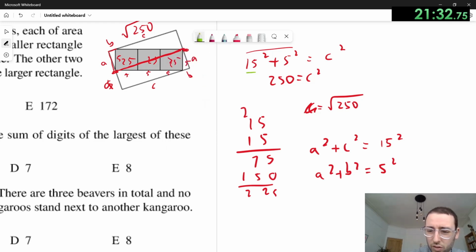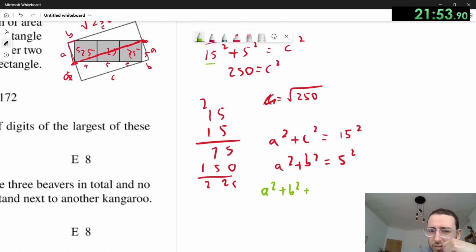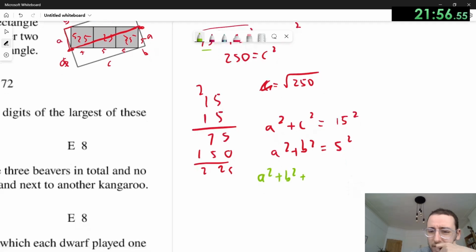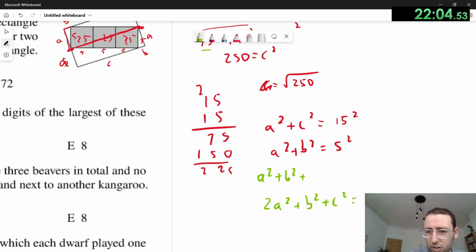So I bet I've got A squared plus B squared plus, and so 2A squared plus B squared plus C squared equals root 250. No, equals 250.